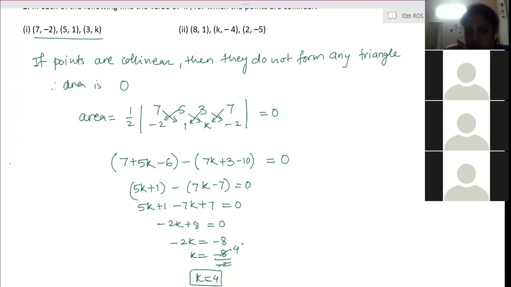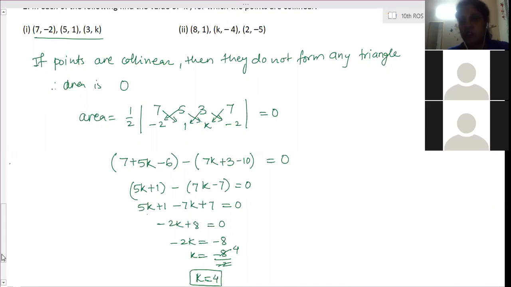Ma'am, should we solve the second one by ourselves? Yes. If it is done, solve the second one. Should we do the second one now?